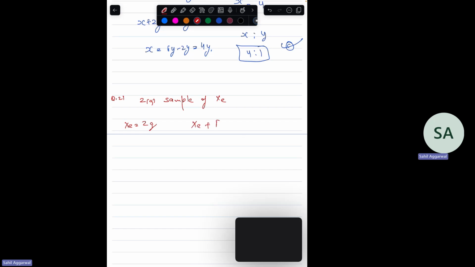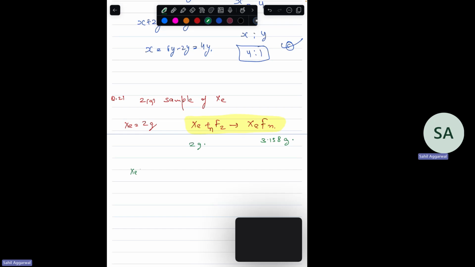Xe reacts with fluorine, it must be giving some xenon fluoride, we do not know that. The mass of the compound formed is 3.158 grams. This is 3.158 grams, this is 2 grams.